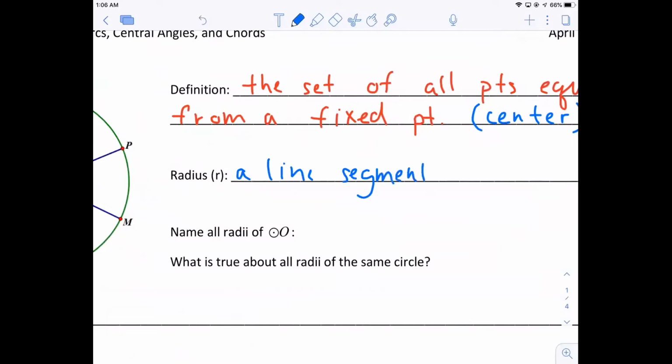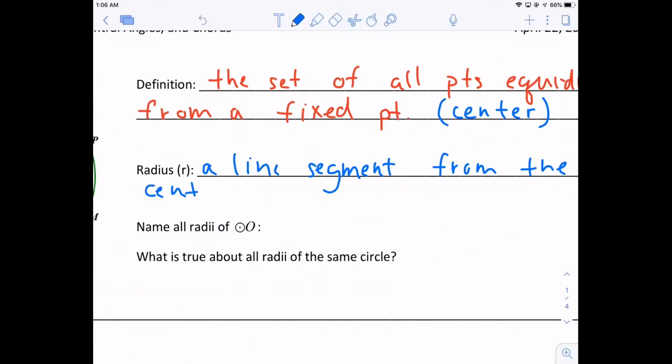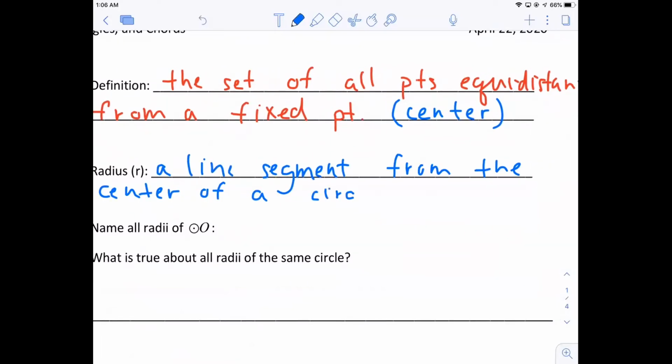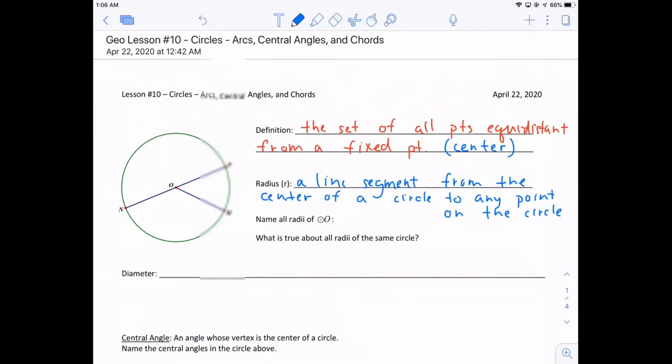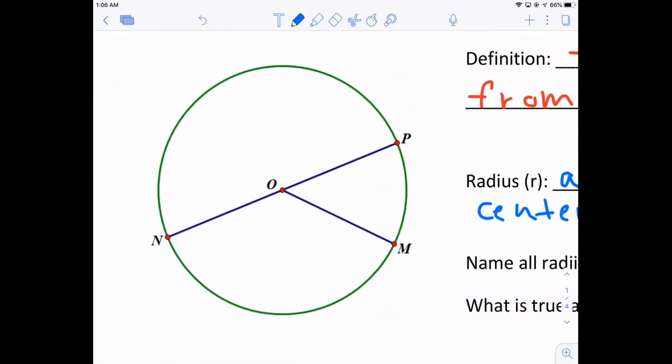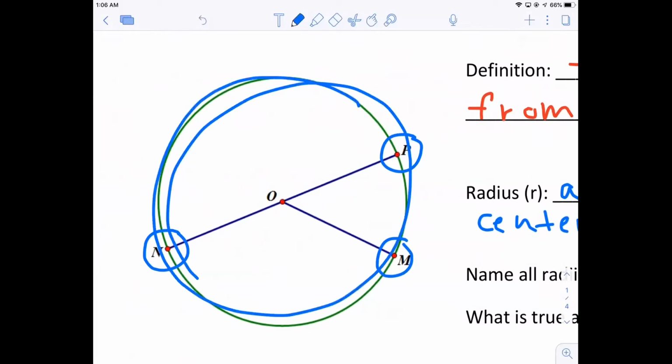A radius is a line segment from the center of a circle to any point on the circle. And when we talk about a point on the circle, let's look at this diagram here. Points on the circle are points P, M, and N. Anything that's on the circle.